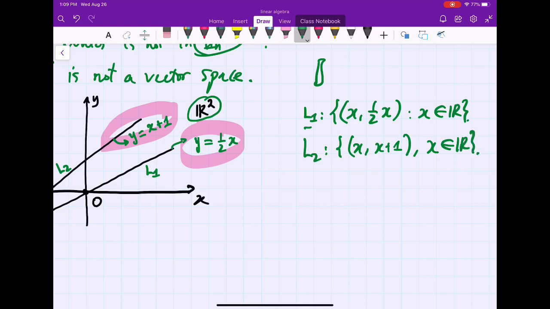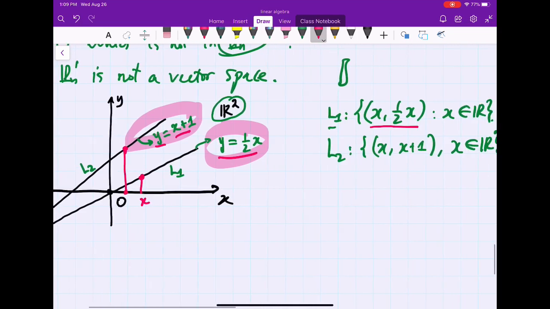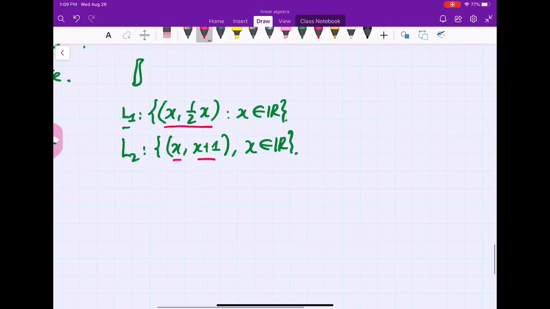Does that make sense? Because you need to describe all points, right? In here or in here. So the coordinate is x, so from here you have y equal to 1/2 of x. So this is (x, 1/2 x). And in here, for x you have y equal to x plus 1. That's why you have (x, x plus 1) right here. All right.